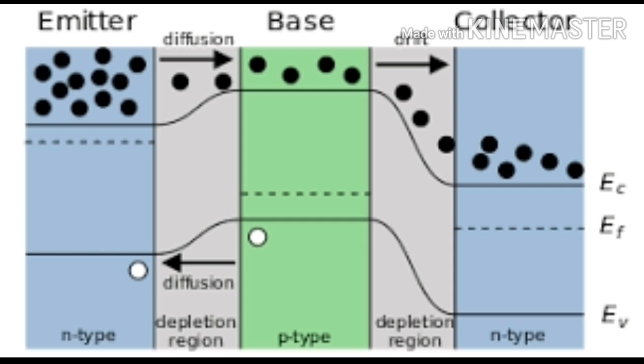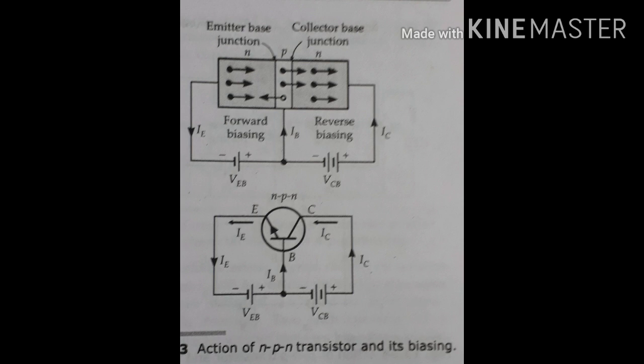So at least there will be recombination of at least 5% electrons, and the remaining 95% electrons will flow to the collector region, and there is a positive voltage applied by the battery VCB in the collector region. So this positive voltage will attract the electrons to flow through the circuit.